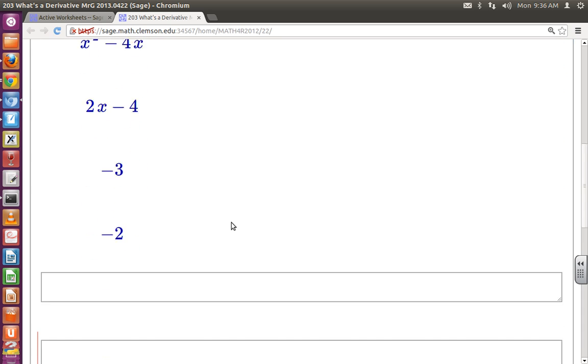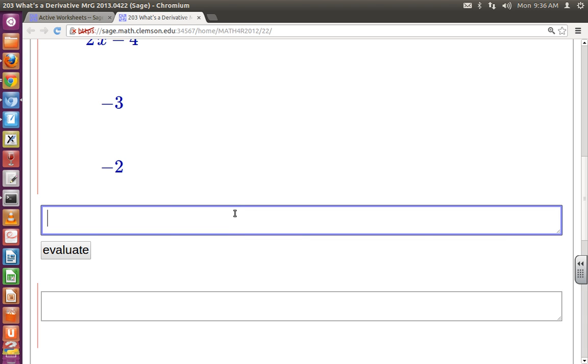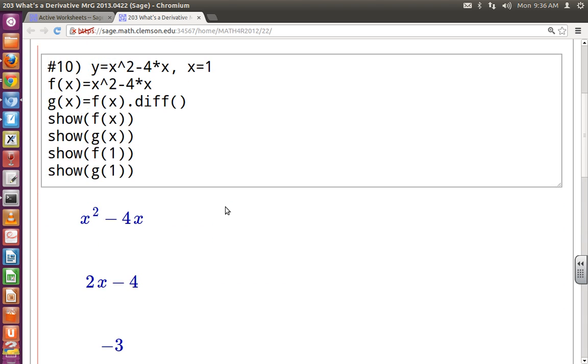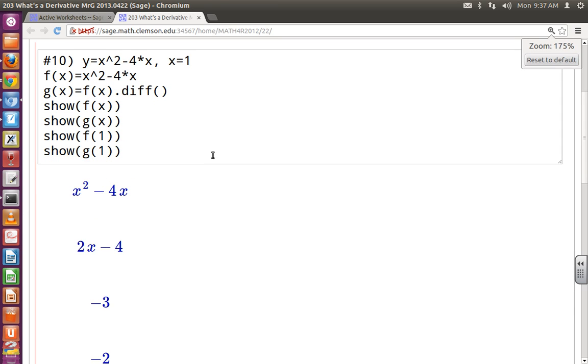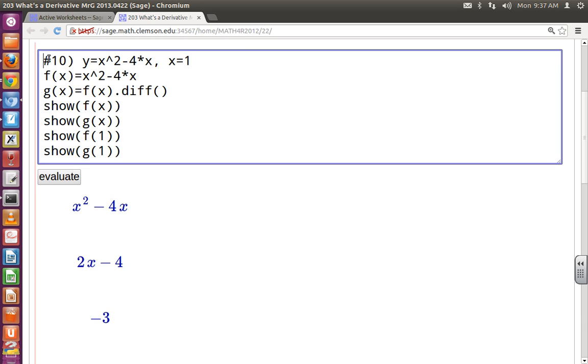Now let's put it all together. Can we scroll back up? Yep. That's all we did. We wrote down what f is. They gave us that. We figured out the derivative with the dot diff. Then we showed our g, and we showed our f at 1 and our g at 1. So that's the input. That's the output. Remember, this is people talking to people.